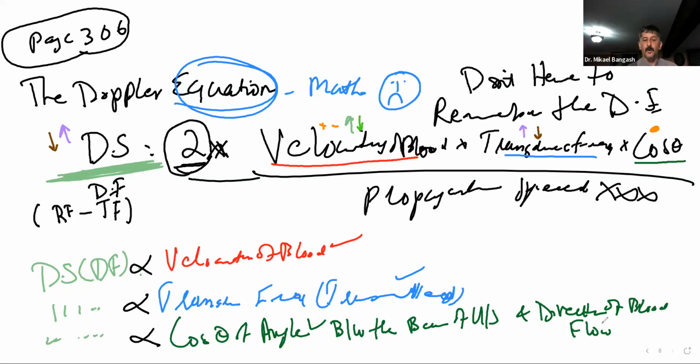So that is going to be an angle between the direction of your ultrasound beam and the direction in which the blood flows. And that angle will have its own cosine theta value. And the greater the cosine theta value is, the greater will be the Doppler shift. So all these three here are directly proportional to your Doppler shift.